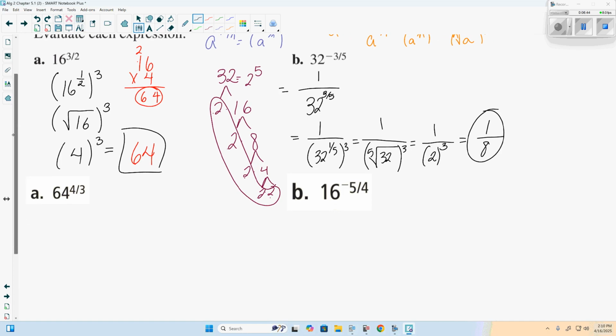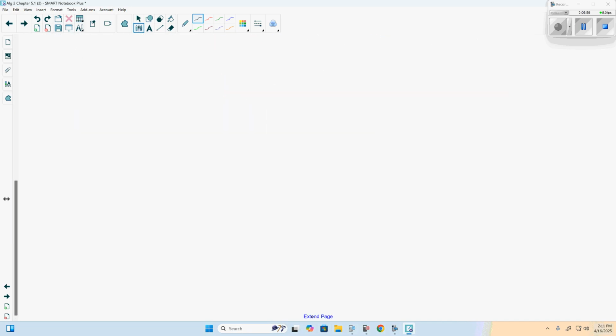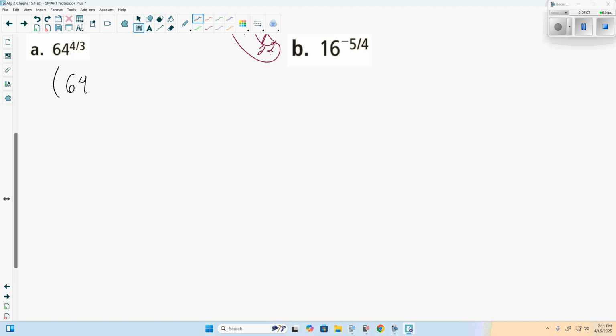Any questions on problems A or B? All right. Next one we have is 64 to the 4/3. Well, we could say this is the same as 64 to the 1/3, to the 4th.